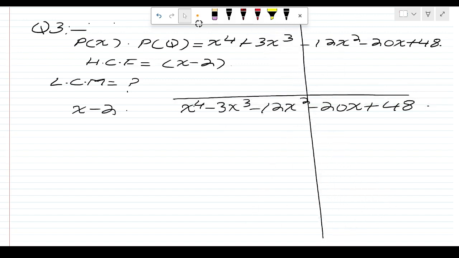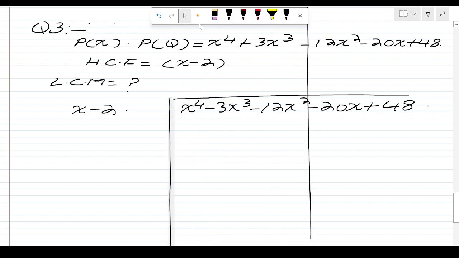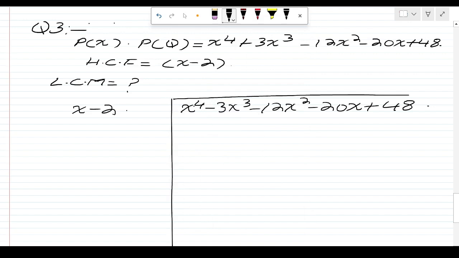I'll copy this and place it right here. Now x power 4 divided by x is x cube, so we will write x cube right here. Now this quotient, x cube, will be multiplied with the first term and the second term. That leaves us with x power 4 minus 2x cube.